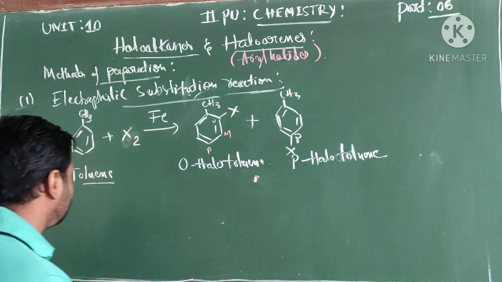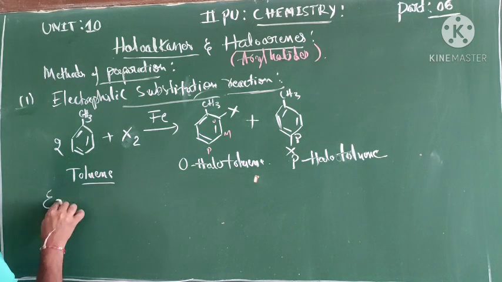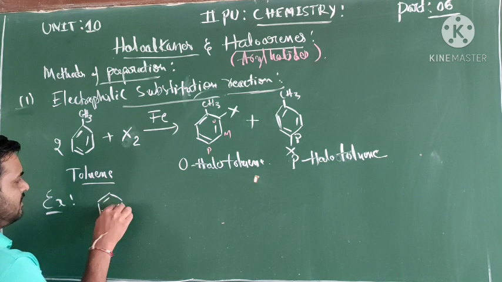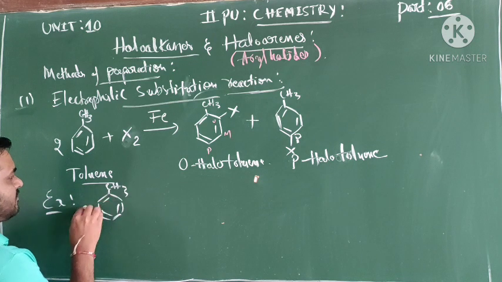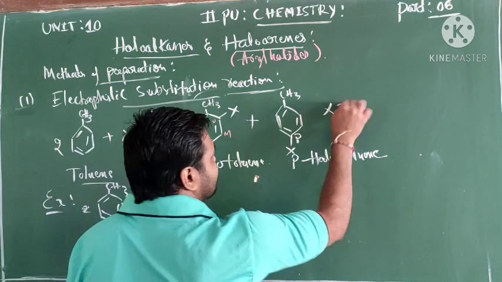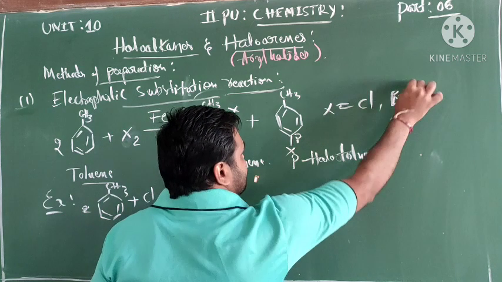Let's go for some examples. Same thing: CH3, and X is replaced by chlorine. X means we consider chlorine and bromine.